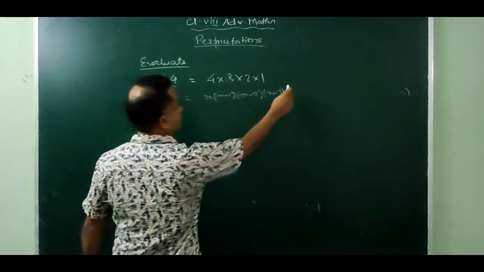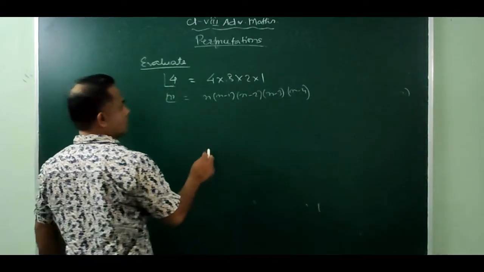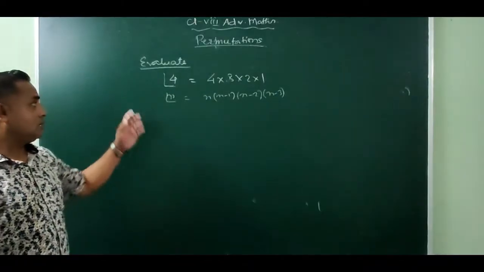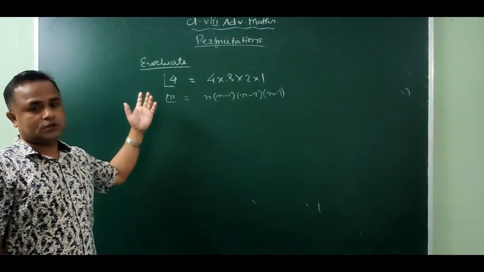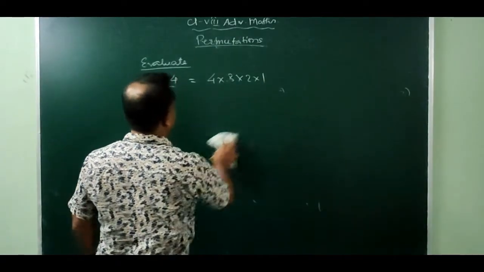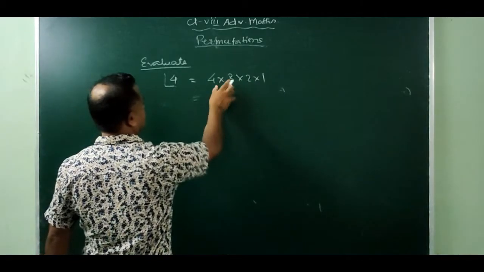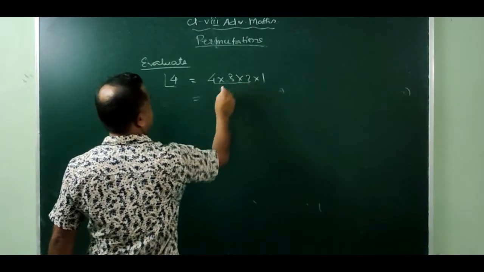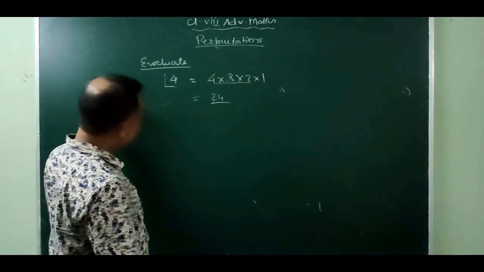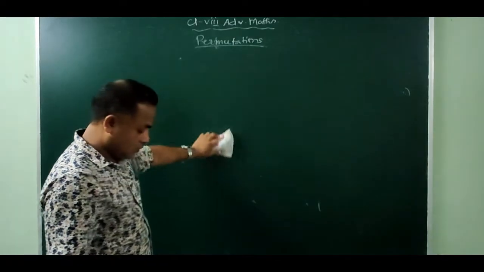Then it could be n minus 4, but if we go on to minus 4, then it becomes 0, and then there cannot be any permutations. So here we go on multiplying. 4 times 3 is 12, 12 times 2 is 24, 24 into 1, 24. The answer is 24. In this way we can solve the other questions also.